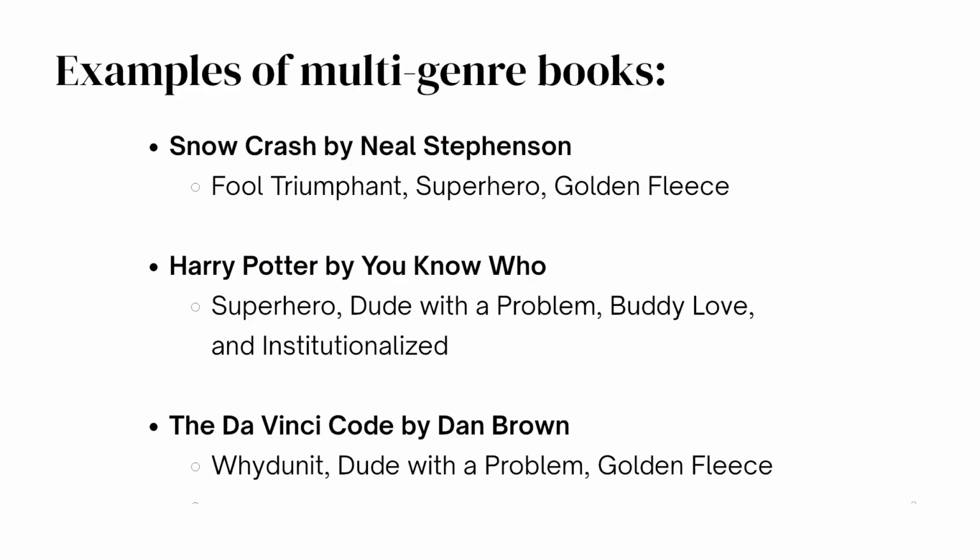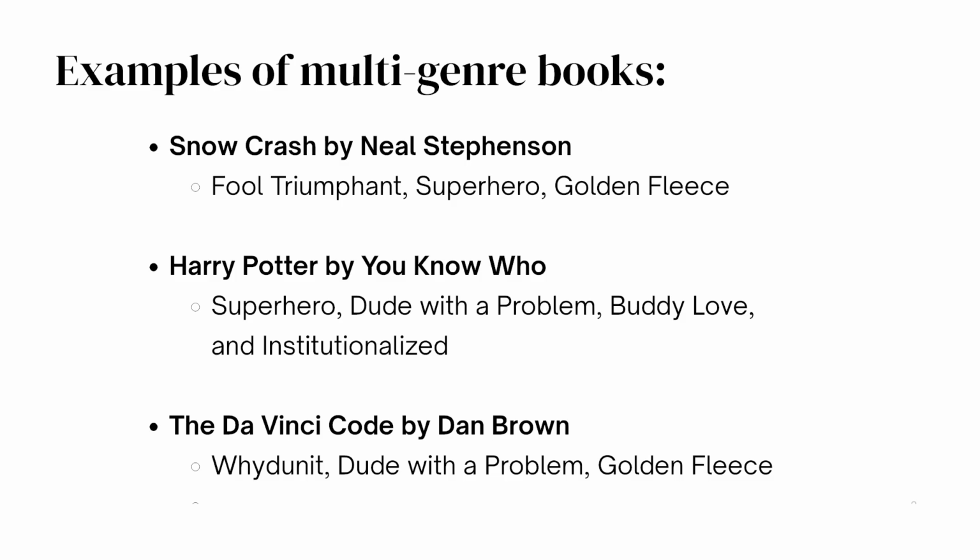A couple examples of multi-genre books would be Snow Crash by Neal Stephenson, one of my favorite books. It depicts a dystopic society where corporations have replaced government functions, and a vast virtual reality world called the metaverse provides an escape from physical reality. Whoa, that sounds familiar. Anyway, the main character's name is cheekily Hero Protagonist, and he's a pizza delivery hacker.